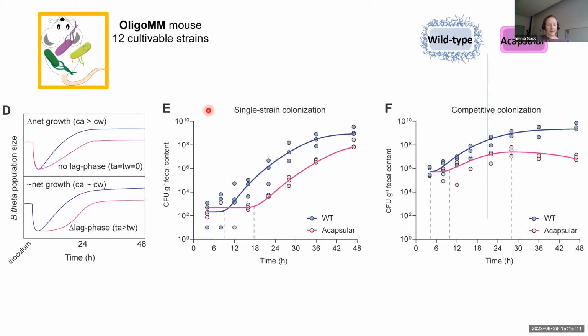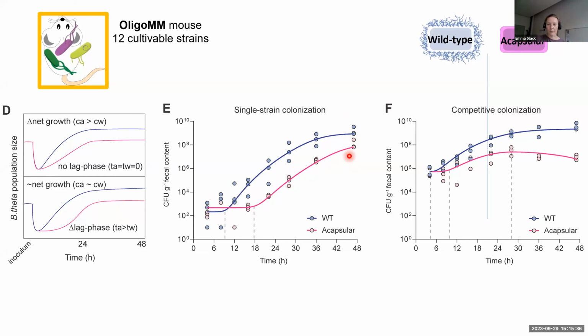So here in this panel E, these are individually colonized animals. One group of mice in blue, a second group of mice in pink. And if we just take feces over time and look at how much Bacteroides is there, even with no competitor at all, the acapsular strain is growing up clearly more slowly. There's a longer lag phase, but it's reaching similar levels of colonization by the 48-hour time point.